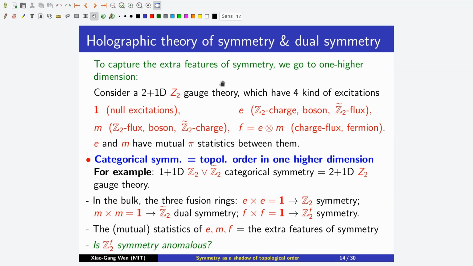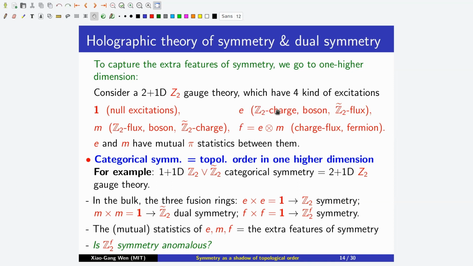For example, for this Z2 symmetry Ising model, we can consider the 2+1 dimensional Z2 gauge theory. In the Z2 gauge theory, we know that we have this Z2 gauge charge. We also have this Z2 gauge flux, also called E and M. And F is the E and M bound state.